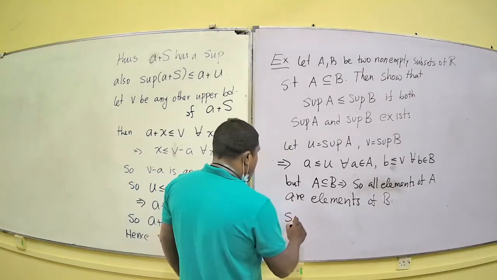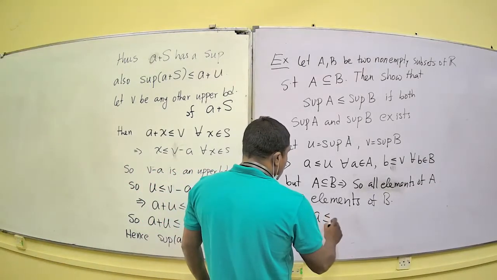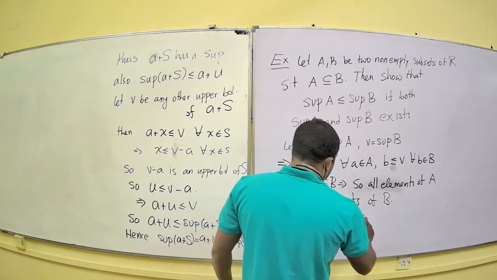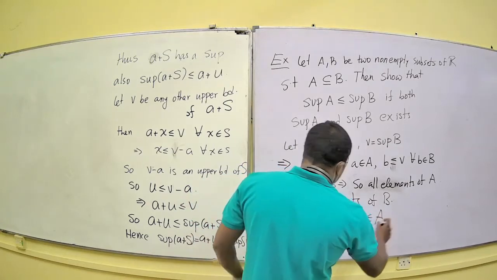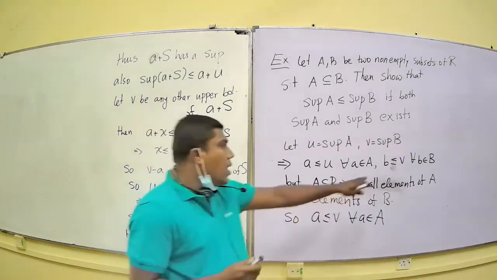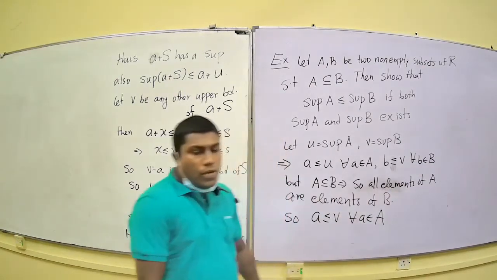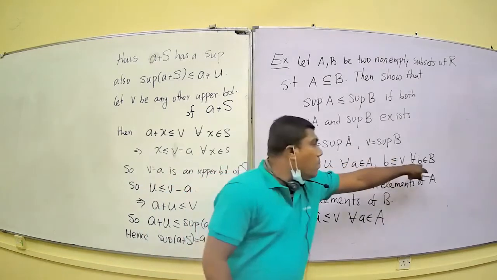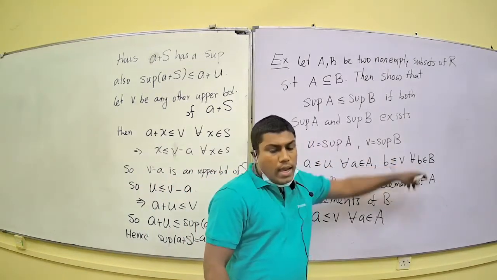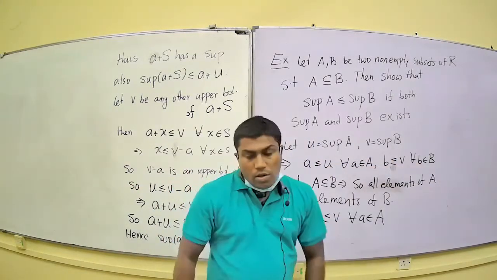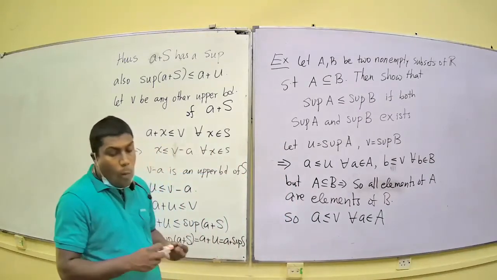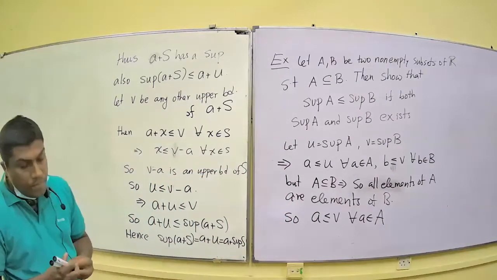So for every b in B, b is less than or equal to B, but a is also a member of B for all a in A. So clearly a is less than or equal to B for all a in A.